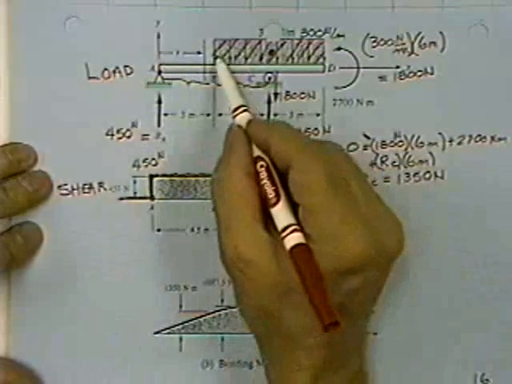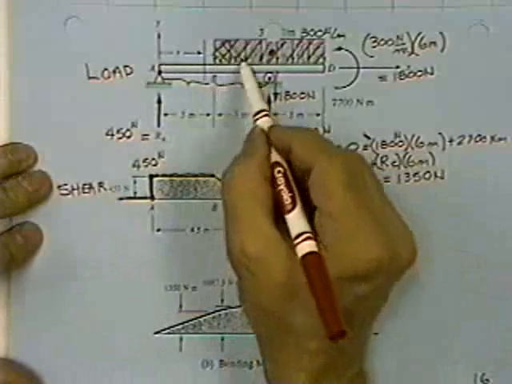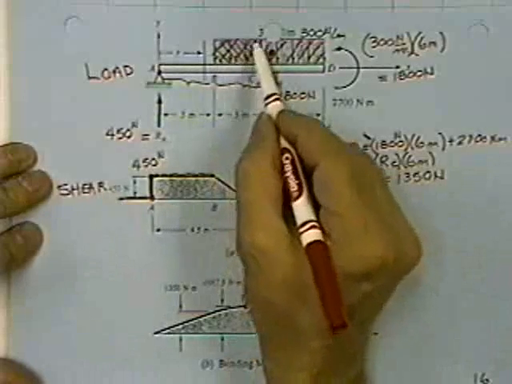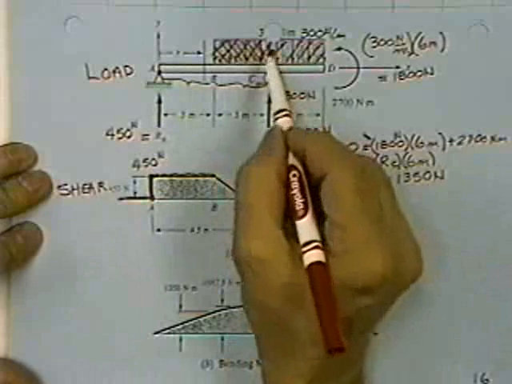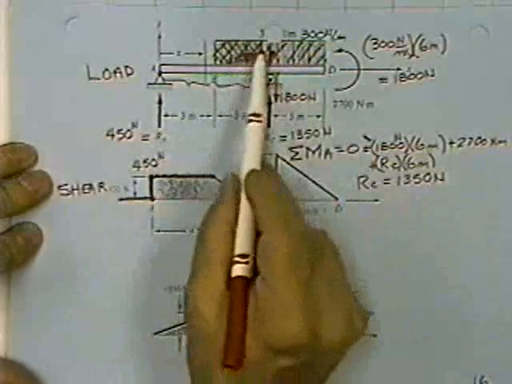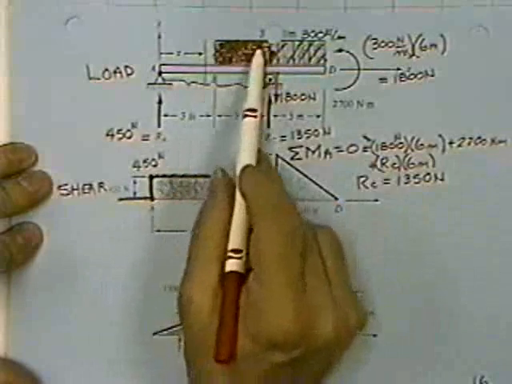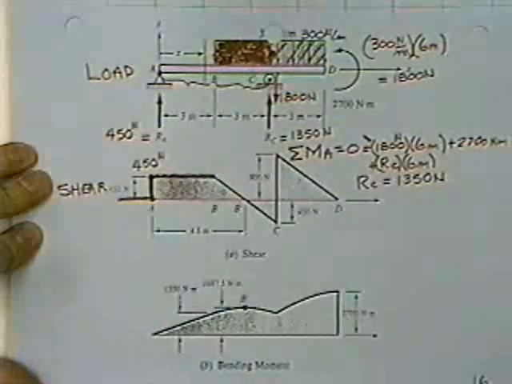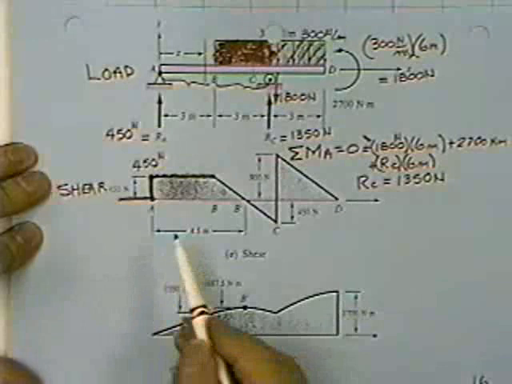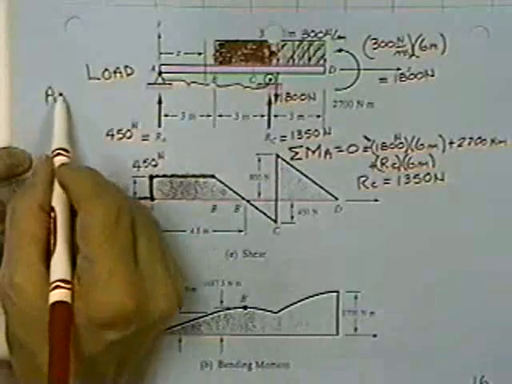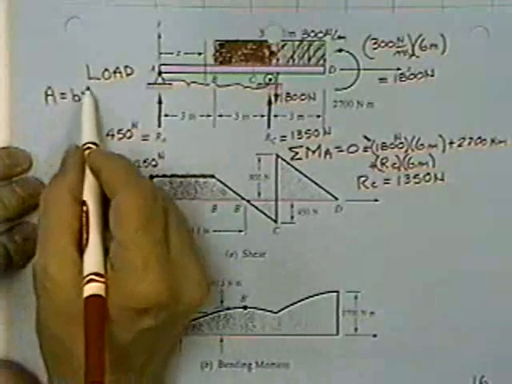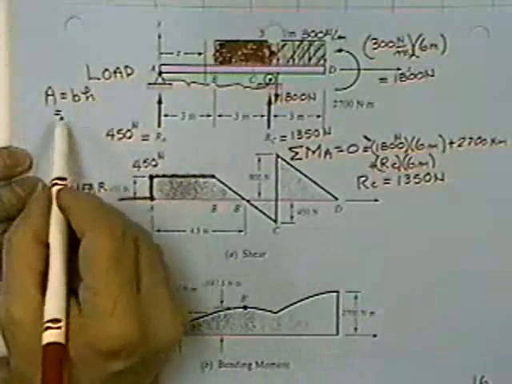Now, how much this block, this rectangle, pushes the curve down between B and C is simply the area under the curve. So I got to be pretty good at calculating areas under curves. The area under that curve is a rectangle, so it's simply base times height.